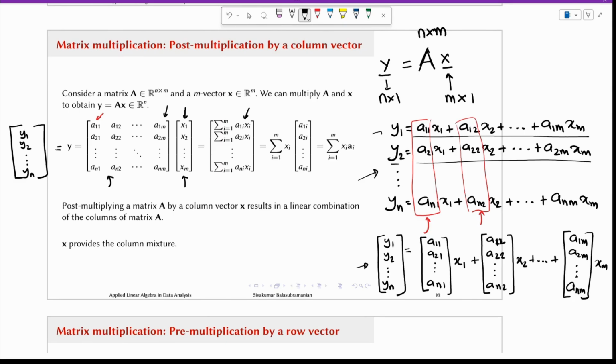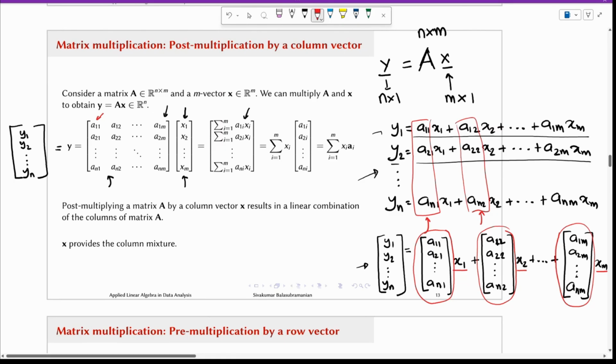But that means when you post multiply a matrix A by a column vector X, you're taking the first column of A and scaling it by some number X1, taking the second column of A and scaling it by some number X2, and so on. You're taking the last column and scaling it by some number XM, and adding them all together. Essentially, you are taking a linear combination of the columns of A. And that's very important.